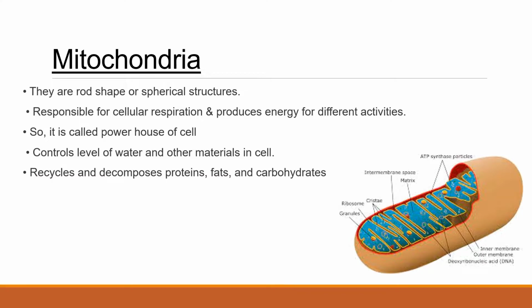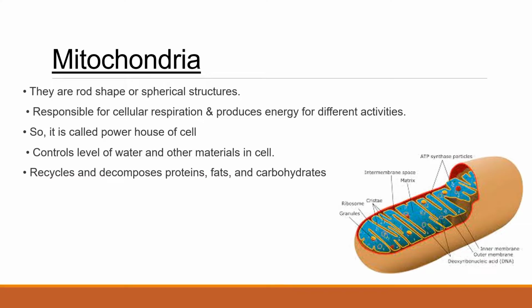The detailed structure of mitochondria you will learn in more detail in class 9, where we have one chapter, Cell: the Fundamental Unit of Life, that is chapter number 5. For now, you remember that the mitochondria is the powerhouse of the cell.